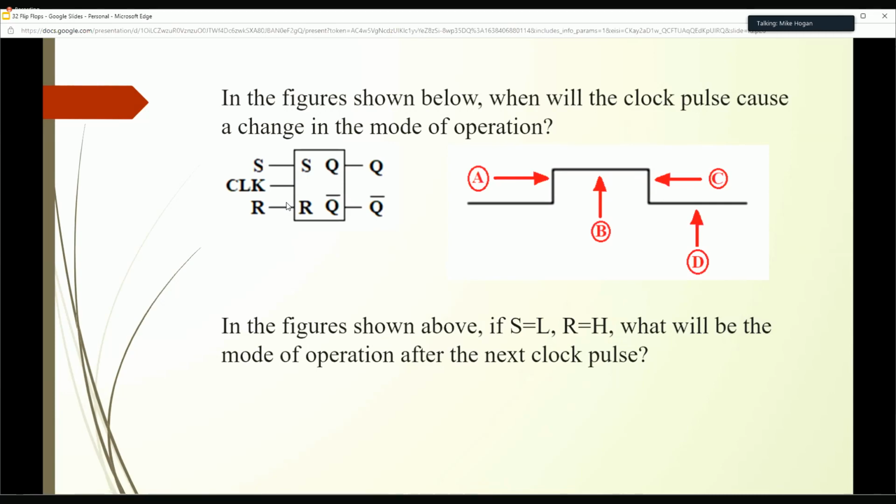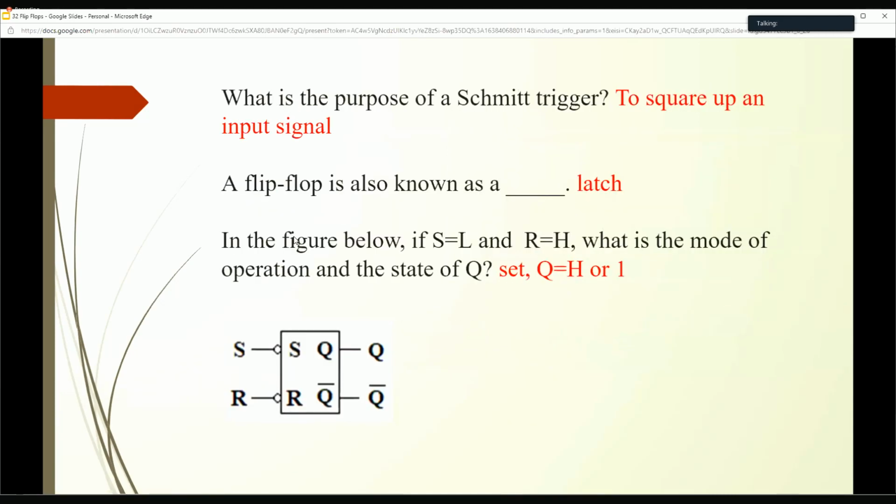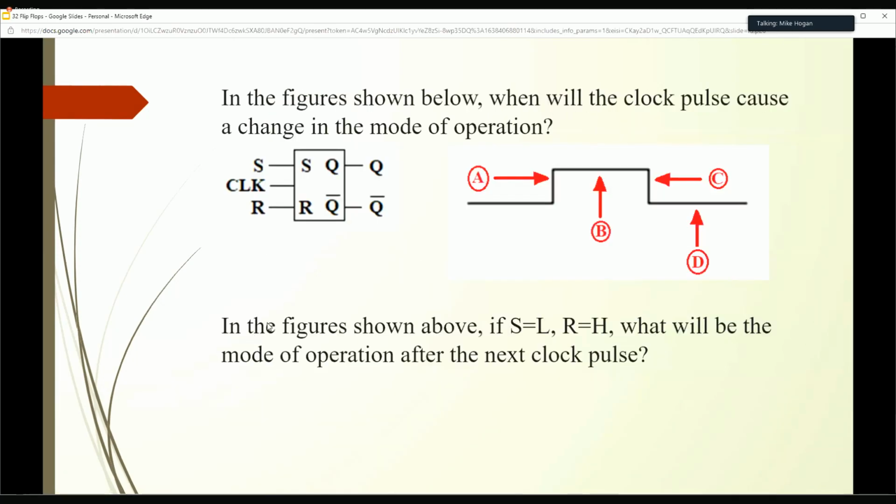You see the difference between that and this? Here, state indicator, that circle, active low. Here, no circle, active high.